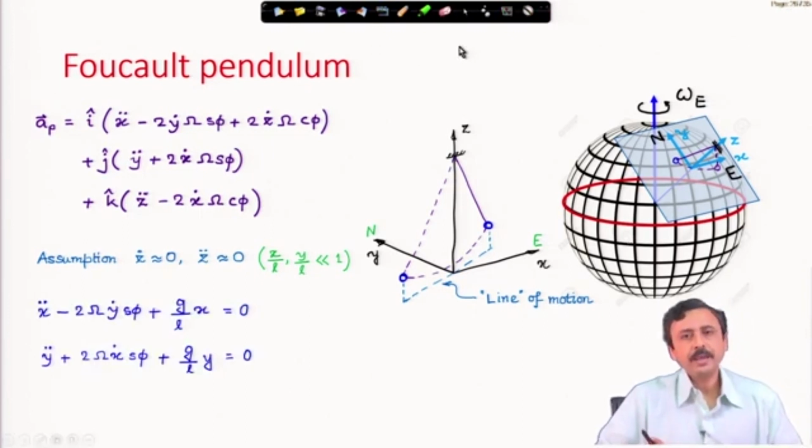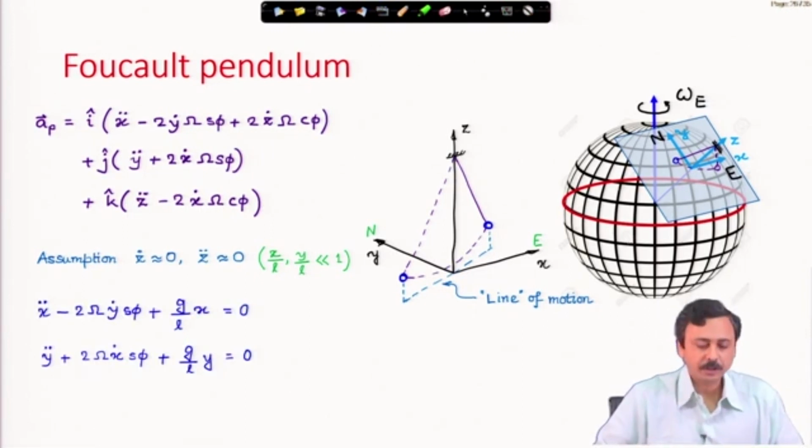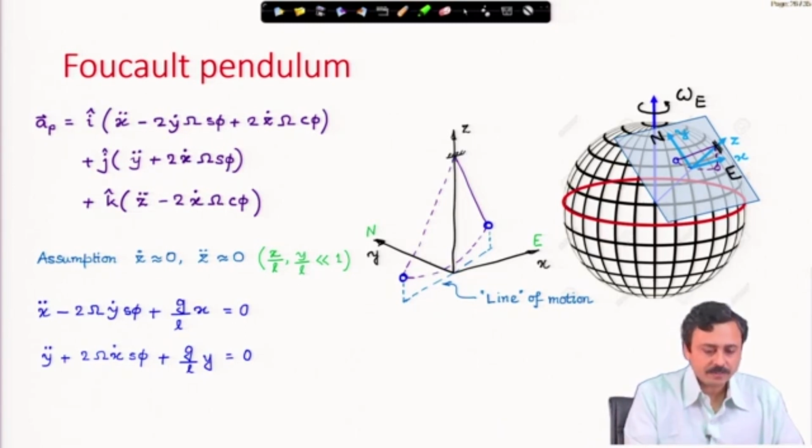Now, if you make this assumption that z dot is almost 0, z double dot is almost 0, almost like moving in a straight line, small amplitude motions, then the x and y equations of motion, which are now the relevant ones, simplify to this form.